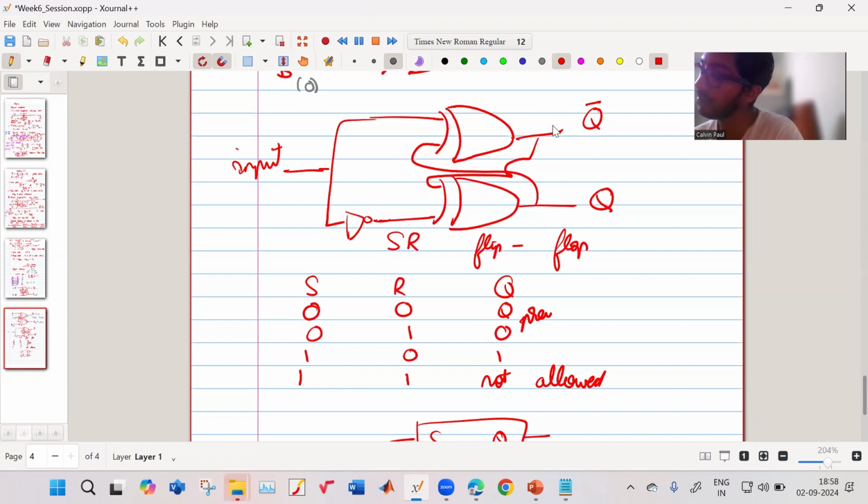If we do that, what will happen? We can only give this condition and this condition. We cannot give this condition, it is not possible, and this condition also is not possible. We didn't want this condition to happen, so we connected this logic. But then we are also losing the ability to have this condition. So then there came another flip-flop, which is known as the D flip-flop.